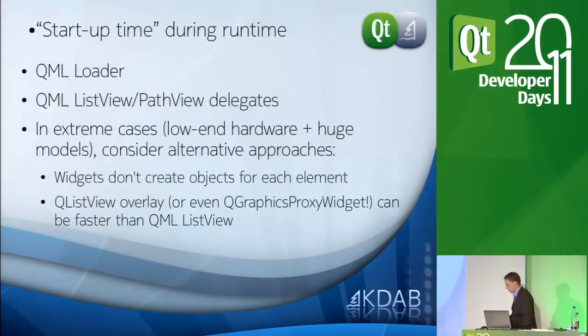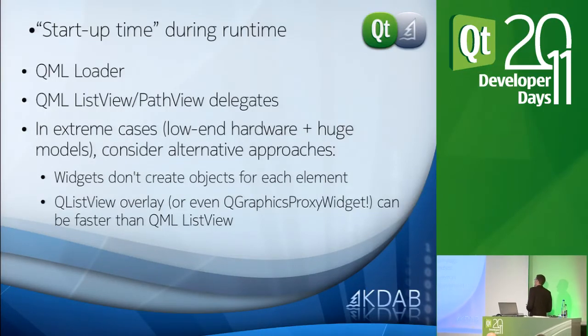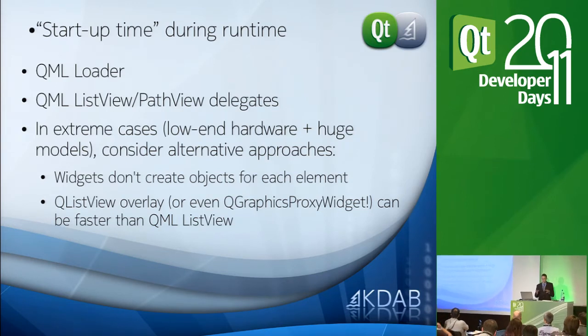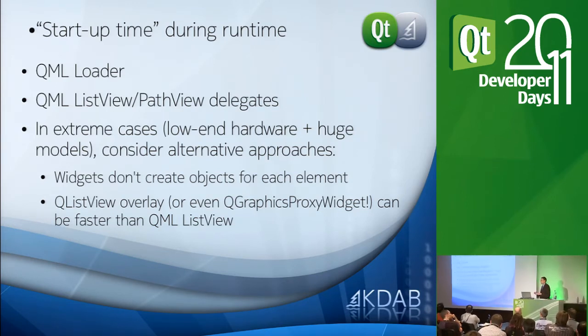OK, so far we focused on bindings, so we get to that in a second. Bindings being one of the core elements of QML. So I think that's probably the most important and widespread thing to look at when profiling QML applications.